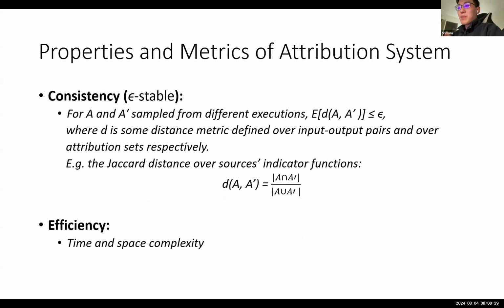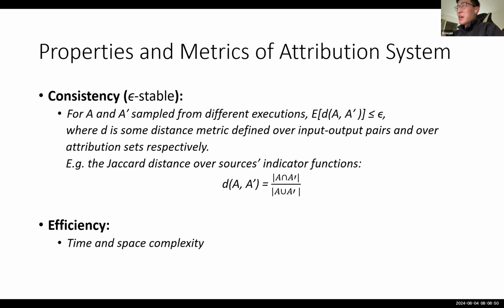So after talking about the attribution sets, we'll also take a look at the attribution system. As we mentioned before, the evaluator is the key component in your attribution system, and it determines a lot of the behavior in your system.